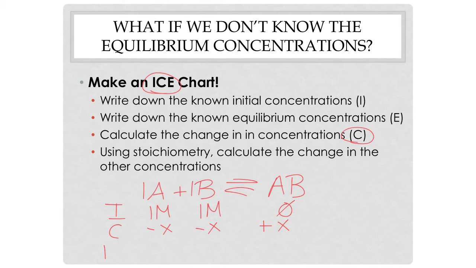Now, your equilibrium amount would then be 1 minus x, 1 minus x, and x. Normally, they would give you one of those, and you could find the value of x, and then you would know the equilibrium concentrations, and then you could plug into K. Now, let's just say there was a 2 here. Then it would be plus 2x, and so on, because the change would be dependent upon stoichiometry.